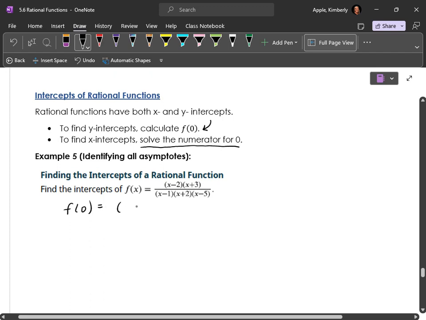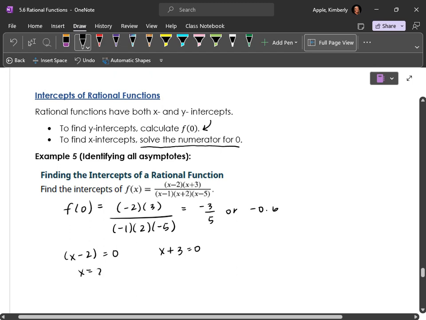And I'll see that plugging in 0 for x, I have -2 times 3 over -1 times 2 times -5. And so the y-intercept is going to be located at -3 over 5 or -0.6. And then setting the numerator equal to 0 means I should just set the factors in the numerator equal to 0. And that'll be x equals 2 and x equals -3 for my x-intercepts.